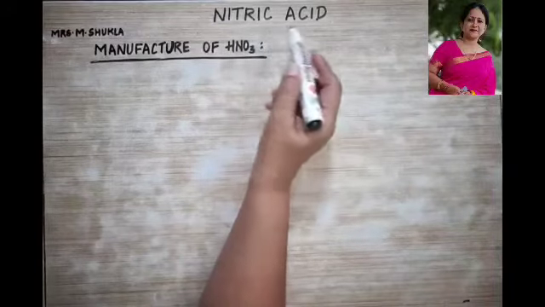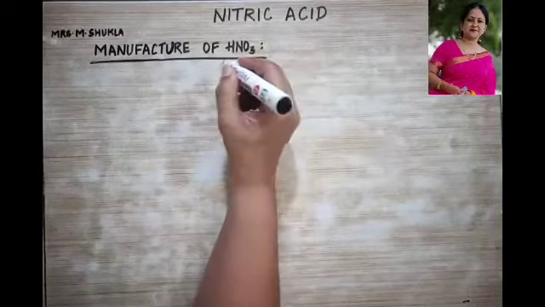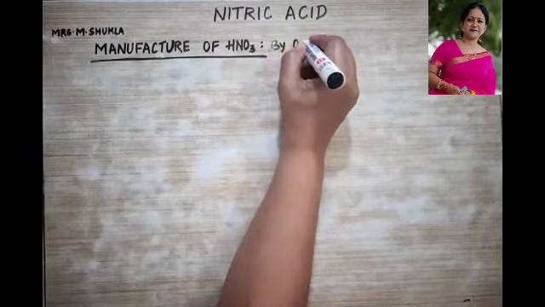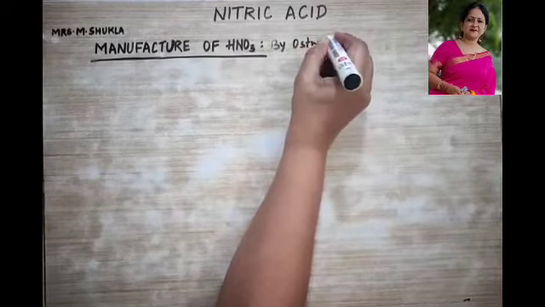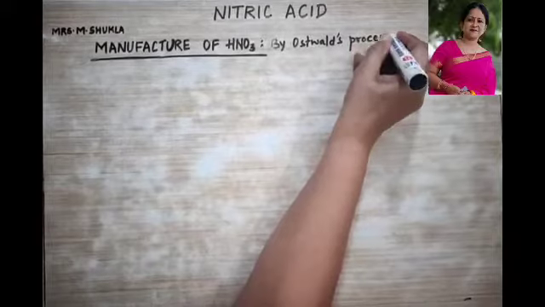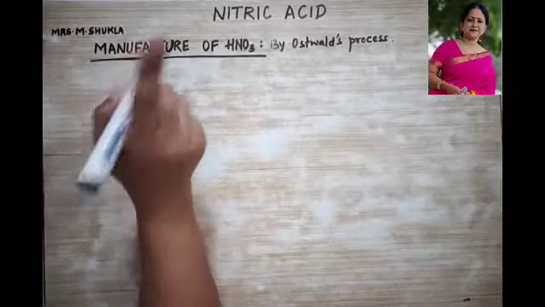Today, in this chapter of nitric acid, we shall continue studying the manufacture of nitric acid by Ostwald's process. This process takes place in three main steps.